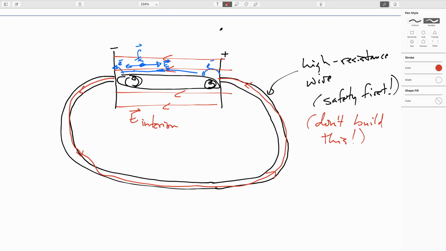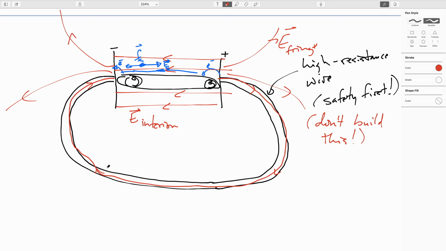Oops, sorry, I got my arrowheads pointed the wrong way. There we go. And there will be other fringe field lines as well, like for instance these, etc. I'm not going to draw them all, but the important point is that there is a fringe electric field.